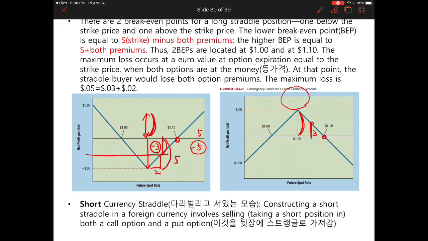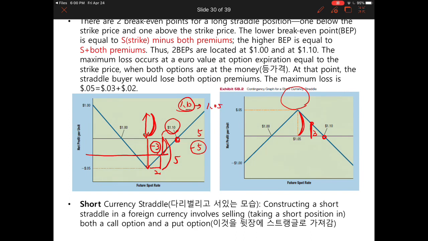Now think about the situation of the writer, the seller. As you exercise, he has to deliver the underlying euro to you. What's the price for that? That's $1.10. He bought at $1.10. But he delivered it to you at which price? $1.05.